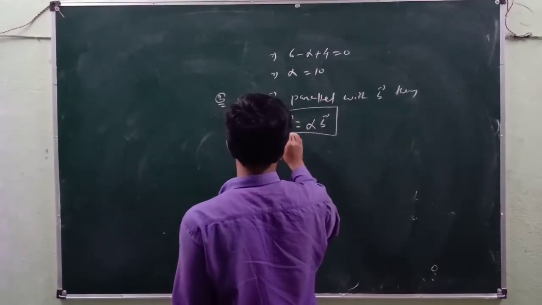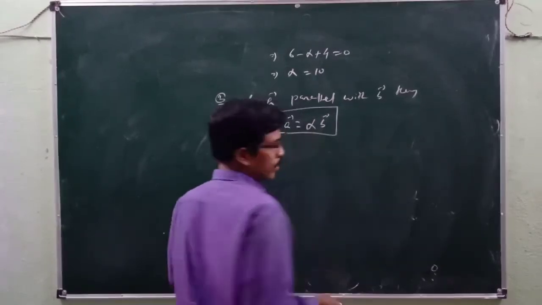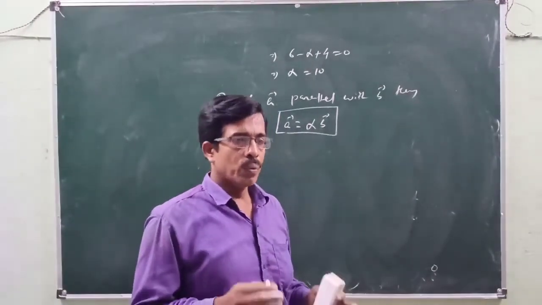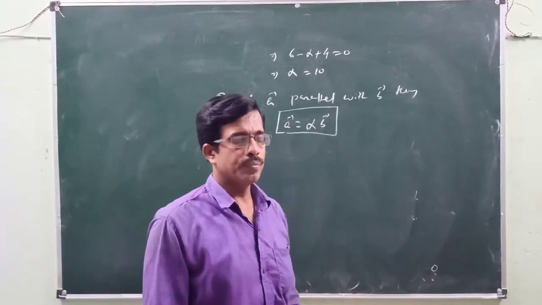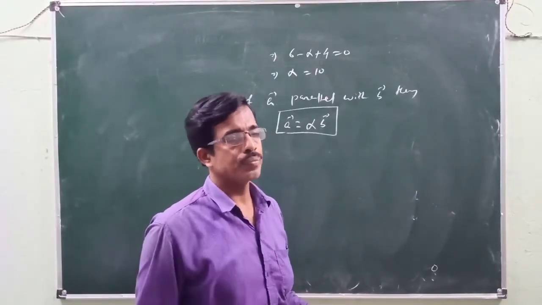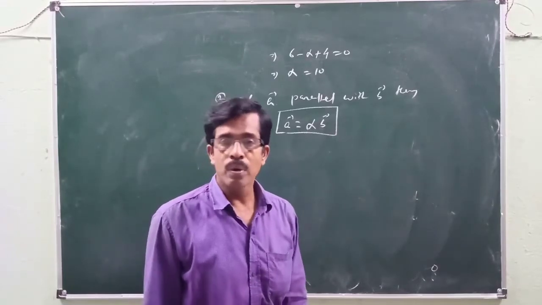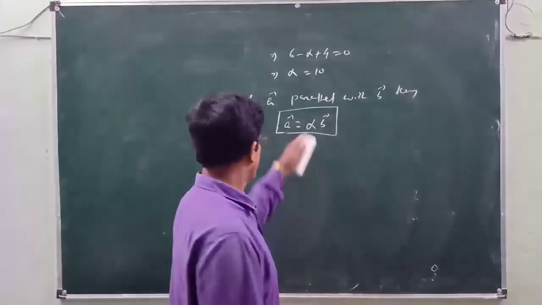That means when two vectors are parallel, you remember, one will be the scalar multiple of the other. Okay.